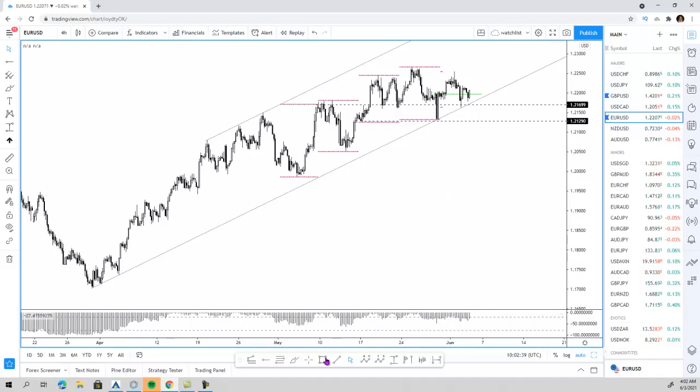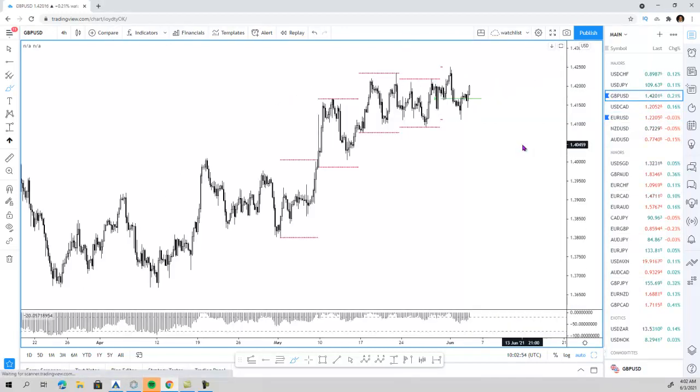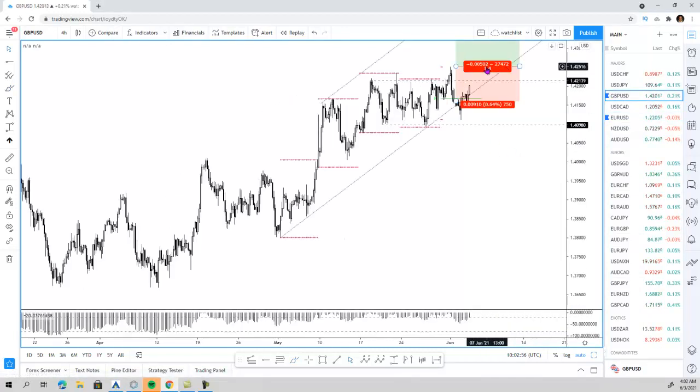This is a super structured bullish market, and really the opportunity to buy the EUR/USD like we did was right there.